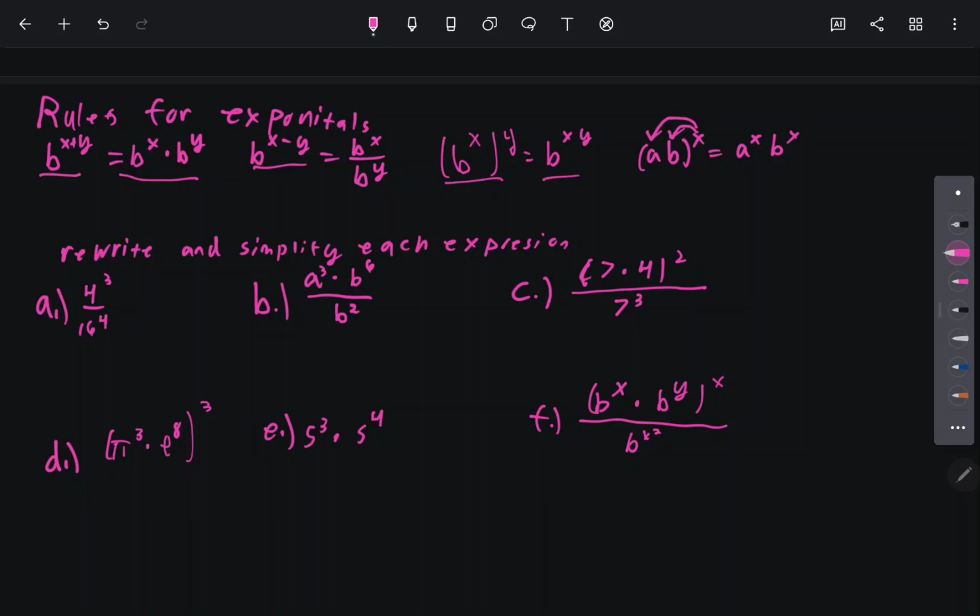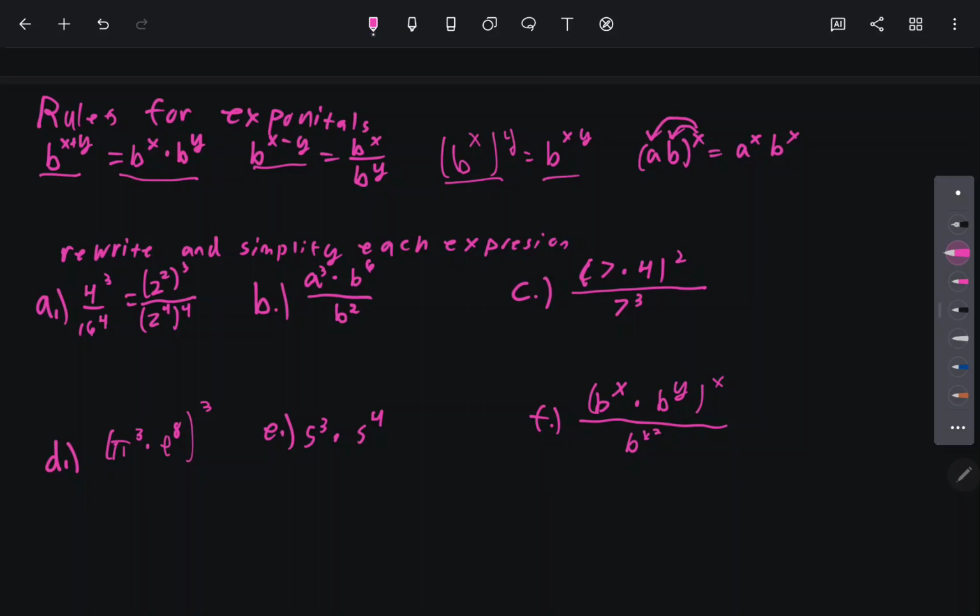So I actually have gone through and written out some rewrite-and-simplify-each-expression problems for you. So let's start out with this first one. And I actually want to maybe make this a bit simpler. So we're going to rewrite this as 2 to the power of 2, raised to the third, over 2 to the power of 4 to the fourth.